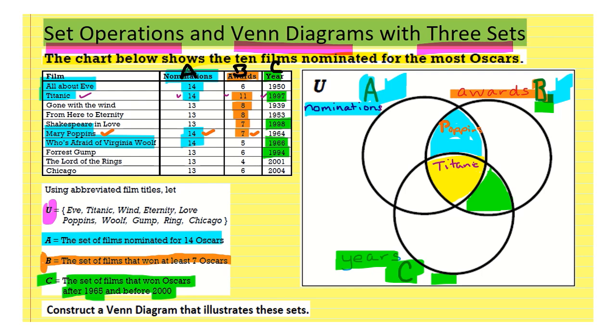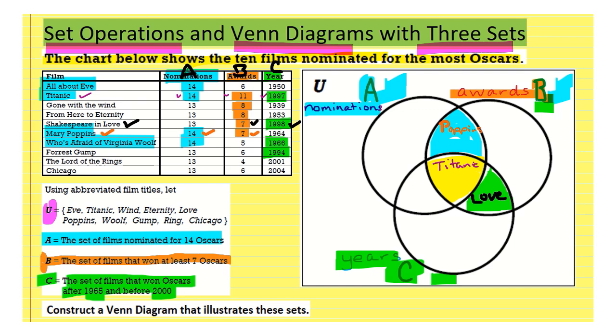B and C: Titanic, but it's already accounted for in the center. Any other B and C? Nope. So it looks like Shakespeare in Love is in this shared category, B and C. So we'll say Shakespeare in Love.